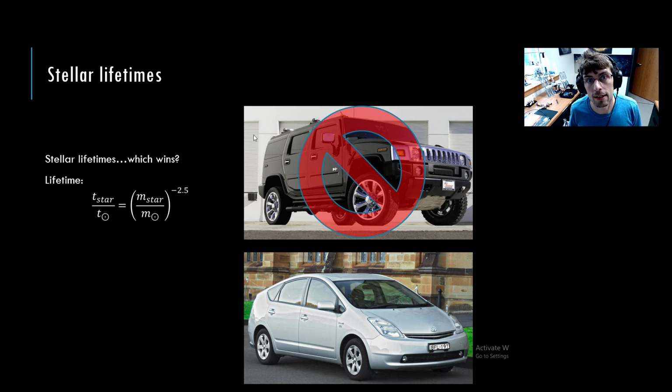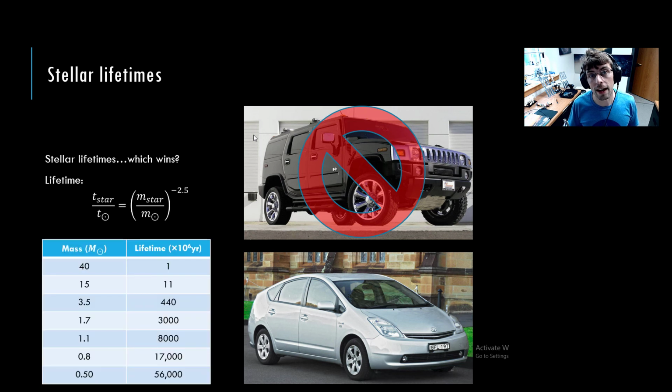To give you an idea of that, I have a chart here. Okay? And you see that a run-of-the-mill star, roughly the mass of our sun, lasts about 8 billion years. But if you go 40 times more massive than our sun, you only last 1 million years, right? 1 million years, that's it.